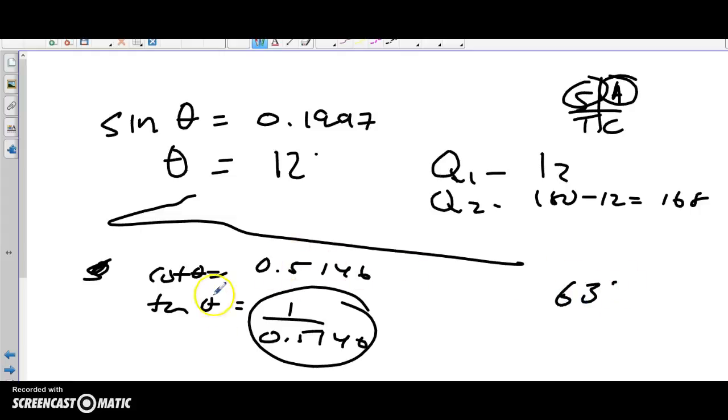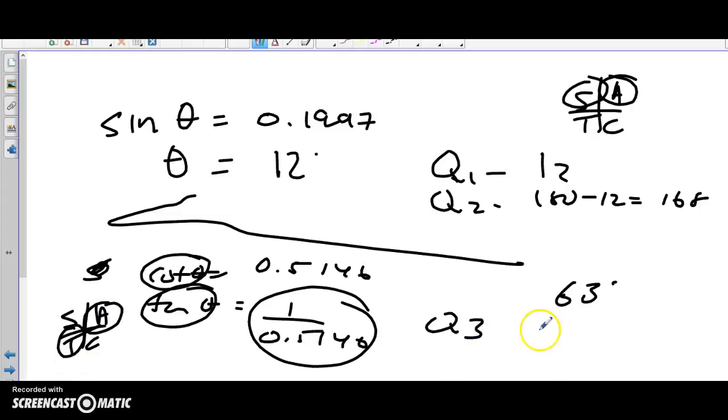Ask yourself this: when is cotangent positive, or when is tangent positive? Cotangent is positive when tangent is positive. Same thing. That's in Q1 and Q3. I got to go to Q3 as time runs out. I'm down to 11 seconds. 180 minus theta. Can I get this in on time? 180 subtract 63. But it's Q3. I messed up. Plus 63. 243.